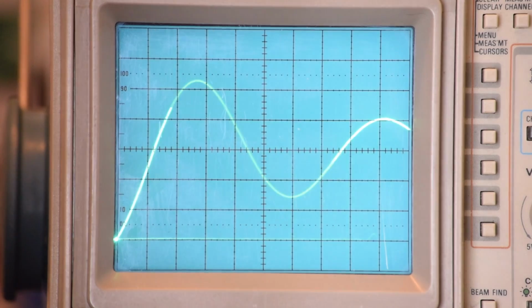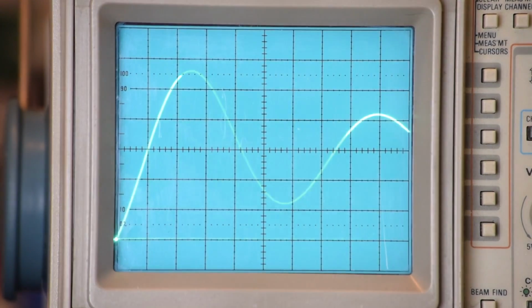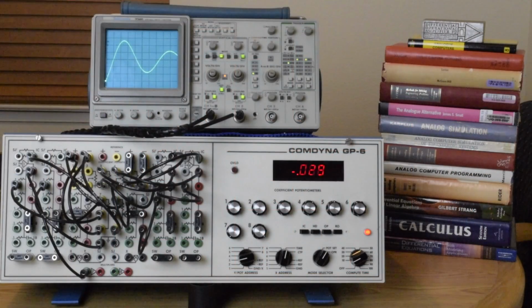But we can adjust that, and that will be more clear in a later video when I delve into that problem in a little more detail. We'll switch back to the full view here. So here is the output of the spring mass damp system again with the full system in view.